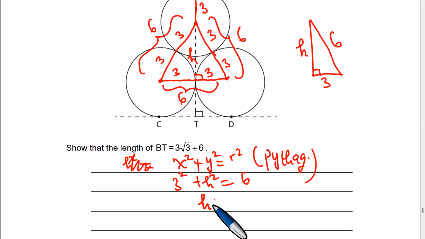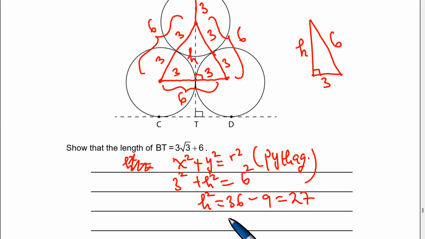So h squared is 6 squared minus 3 squared. 6 squared is 36, 3 squared is 9, and if you subtract 9 from 36, you get 27.